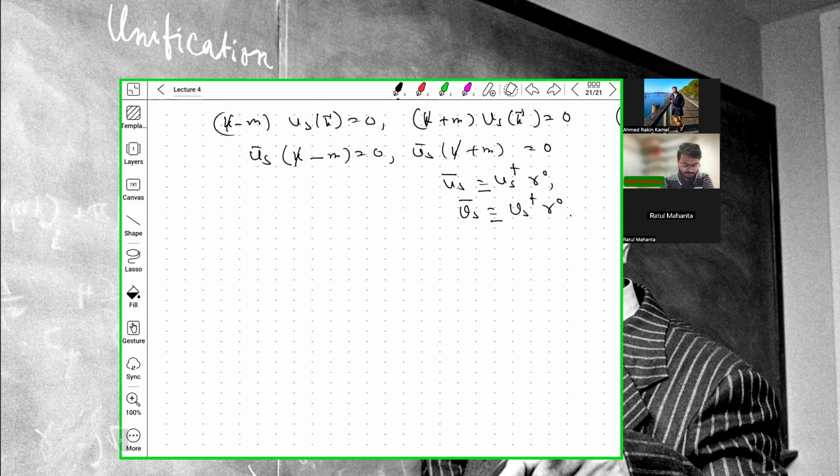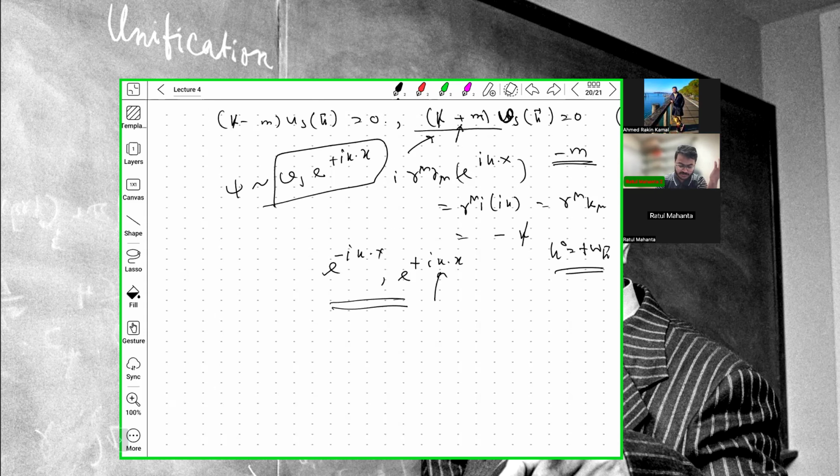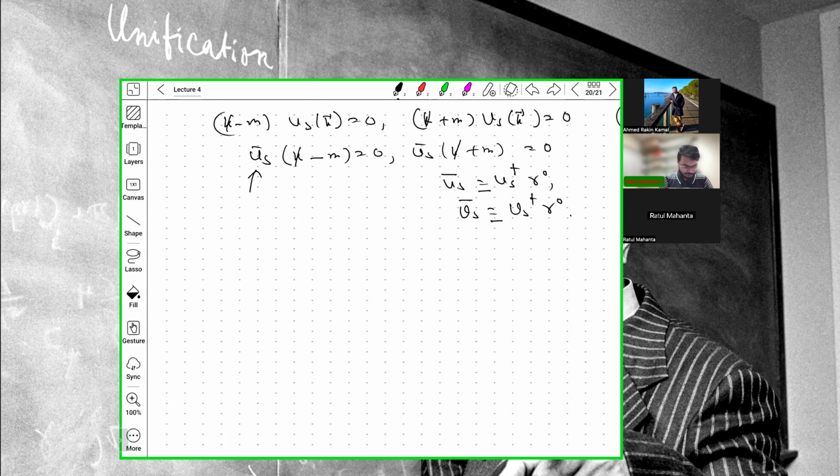And there are some 4x4 matrices. One can choose a normalization, because the Dirac equation was only sensitive to this. You can have some k dependent constant, say C of k, and you can still solve the Dirac equation. So the normalization property we will be taking.